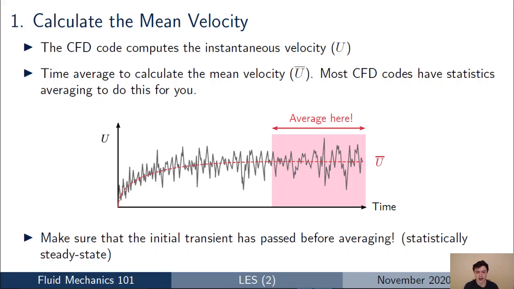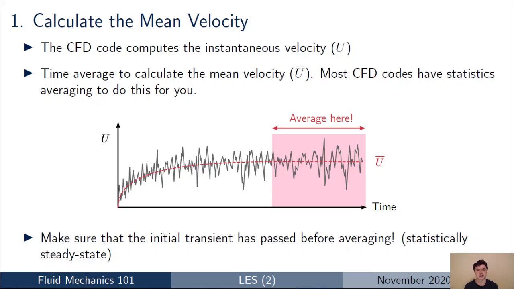So you can think of that as the erratic signal, the local or the instantaneous velocity that contains the mean and the turbulence. That's what the CFD code is solving for. And so when you put point probes in the domain, what you're actually looking at is the evolution of the instantaneous velocity at that location in the domain with time.